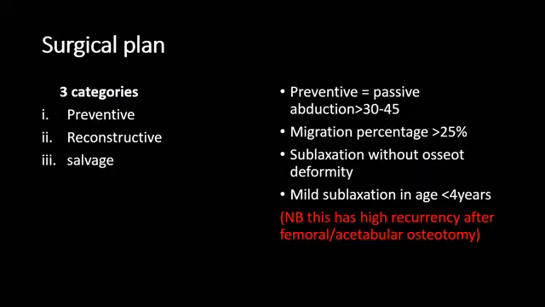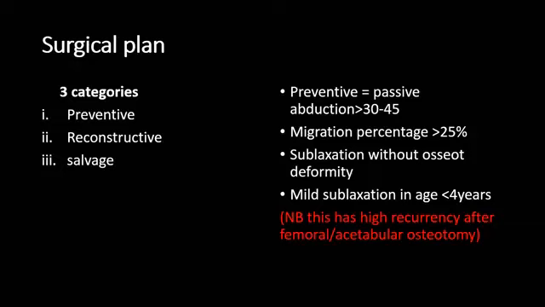Surgical plans fall into three categories: preventive, reconstructive, and salvage. For preventive, of course, you are trying to have a passive abduction of about 40 to 45 degrees, and also to achieve this for those patients who have migration percentage over 25, and subluxation without osseous deformity.